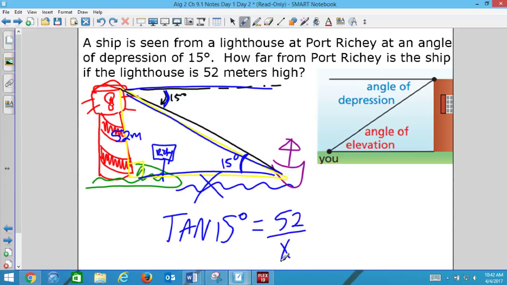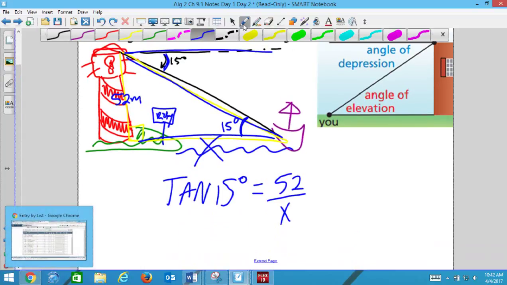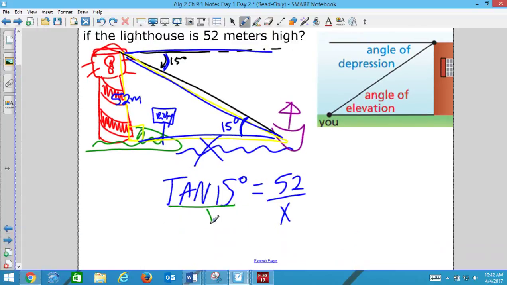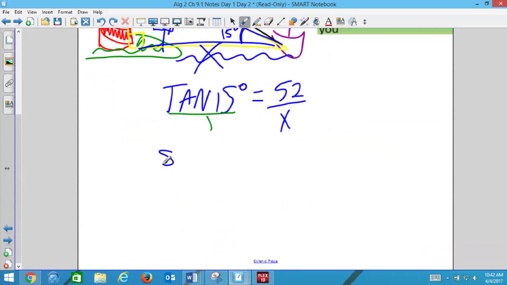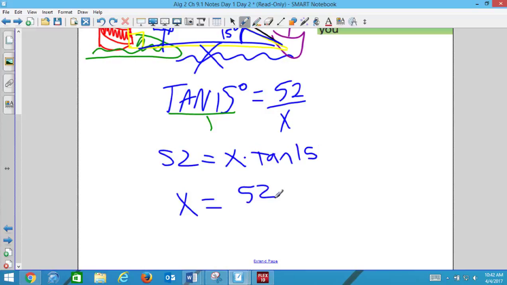Is 15 from our chart that we have to memorize? No. It's not, so then you can use your calculator. And you'll cross multiply. So we'll get 52 equals x times tangent 15. You have to divide by tangent 15. So 52 divided by tangent 15 is what you're going to type in.